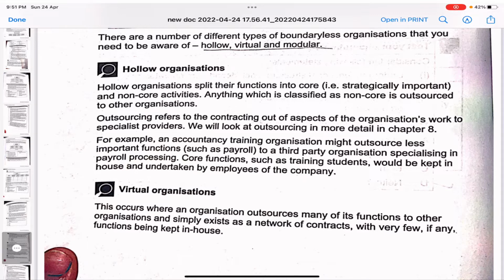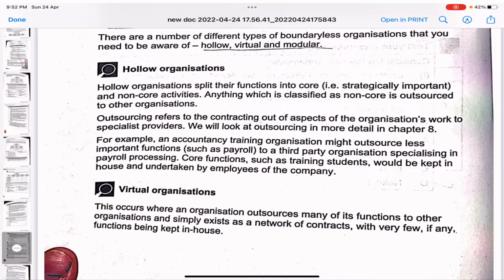My core, or strategically important, activity is teaching the students and taking care of the needs of the students. The electricity bill and getting the payroll done are non-core activities. So I can outsource, which means I can give the non-core activities to external organizations, and the external organizations can do the work for us.